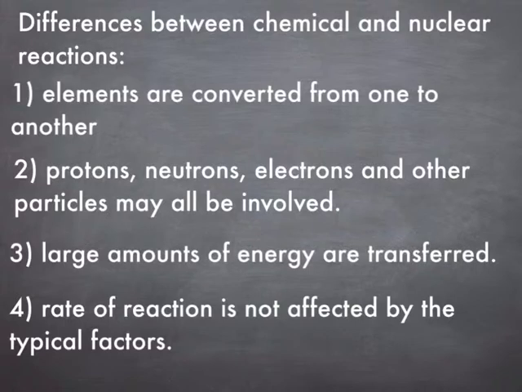The third substantial difference is that extremely large amounts of energy are transferred during nuclear reactions, whereas relatively small amounts are transferred during chemical reactions. And fourth, the rate of a nuclear reaction is not affected by the typical factors such as temperature, concentration, pressure, catalysts, whereas chemical reactions are significantly affected by those factors.